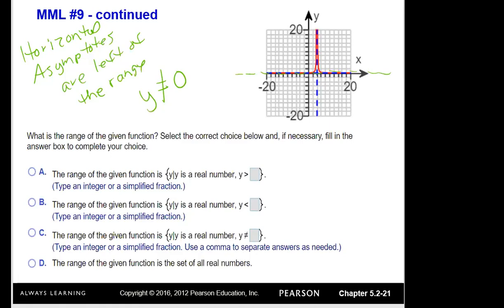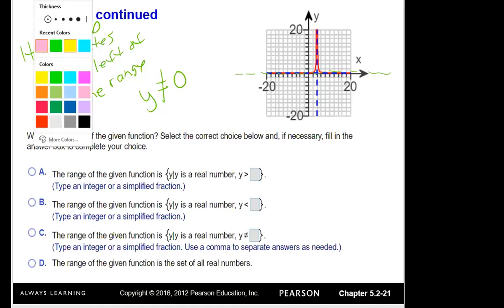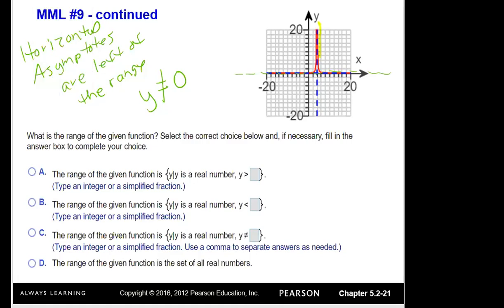Yes, y cannot equal 0, but also on this one, because I have no graph in quadrants 3 or 4, my graph here is totally in quadrants 1 and 2, right? So my y keeps going up.